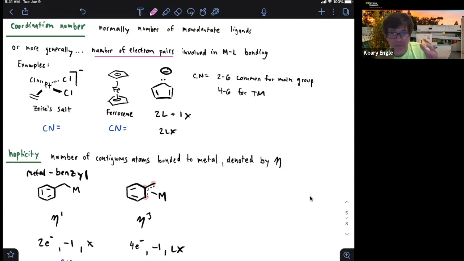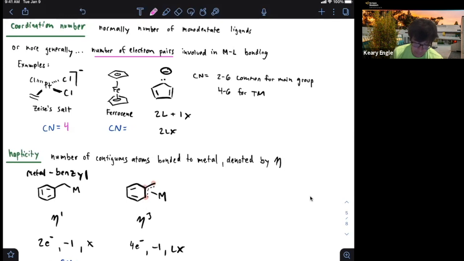I want folks to know that this exists, but truth be told, it's not the most useful descriptor of organometallics. So in this salt, we have 4 ligands, no really tricky bonding going on here. So this is a straightforward case where the coordination number is 4.